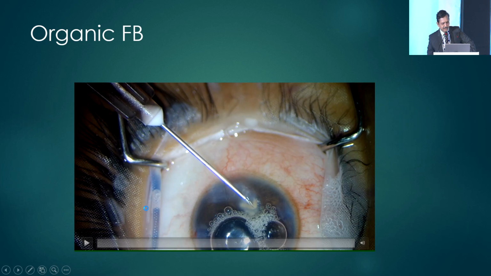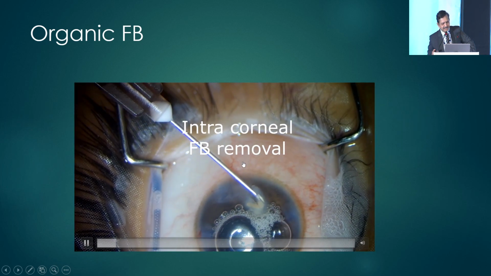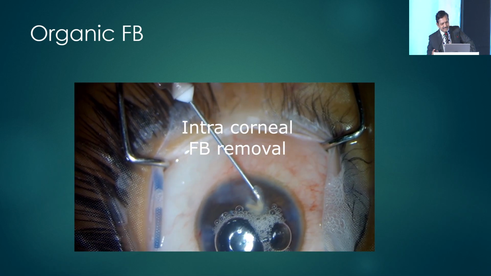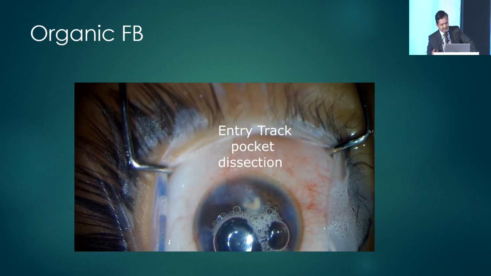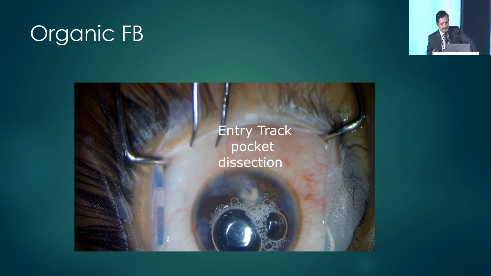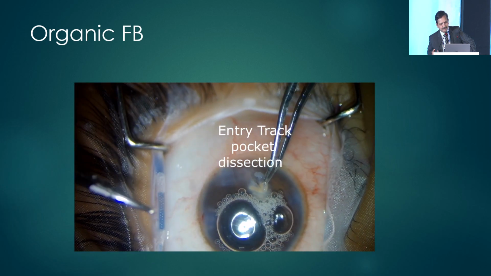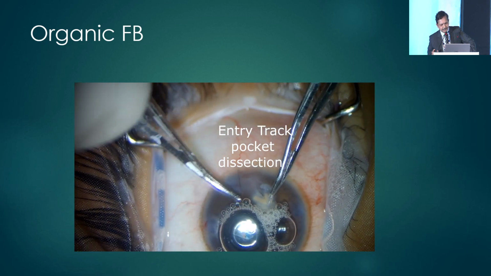This is another case where you can see there's a foreign body inside, and then you can see the lamellar hole, lamellar tear there, and then the track is opened and the foreign body is taken out. This is a vegetative foreign body.